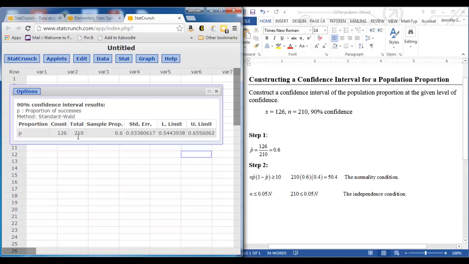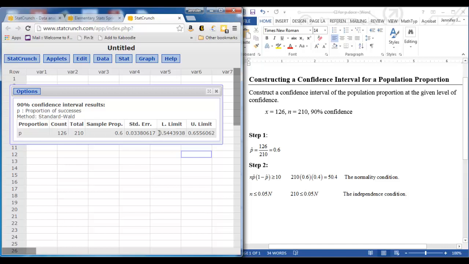You are never expected to count that by hand. It shows us that our sample proportion is 0.6, which verifies that our p-hat value over here in step 1 was correct. The next value it gives us is the standard error. That is the standard deviation of the p-hat distribution as you learned to calculate in Chapter 8.